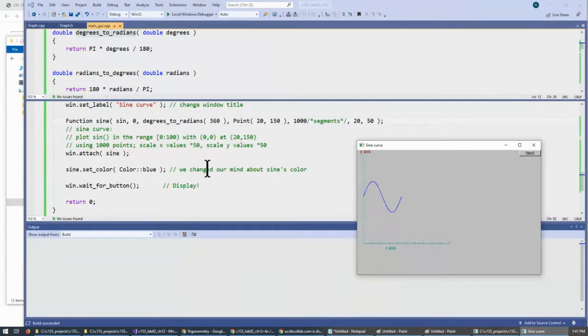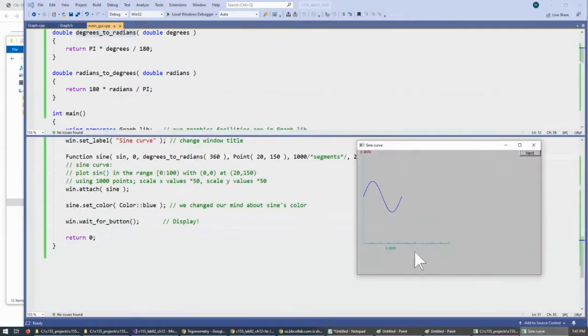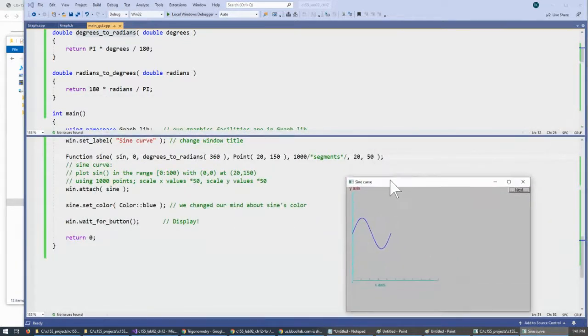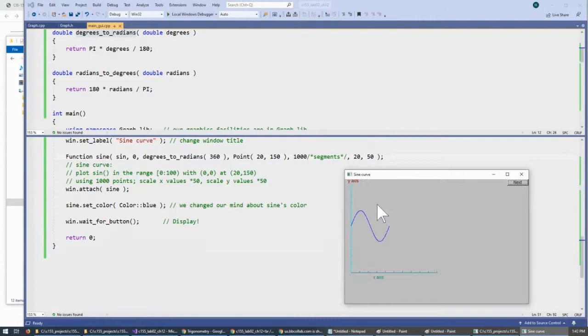So we need to continue this lab, of course, continue these exercises, and as we move along, we'll be going deeper into the internal structure, internal organization of the graphics library.